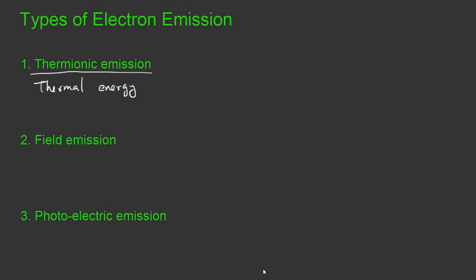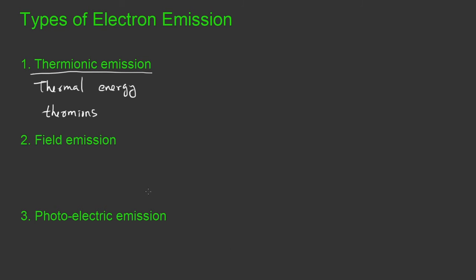This phenomenon is called thermionic emission. Depending upon the way the electrons are emitted, the electrons have specific names. In this case, the electrons that are coming out through thermionic emission are called thermions.